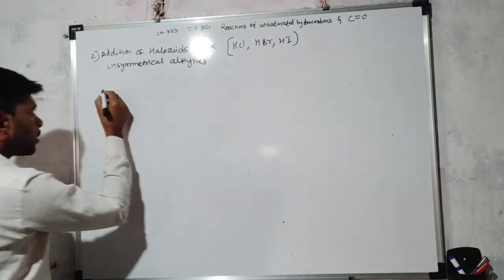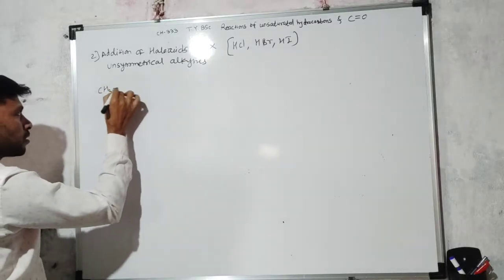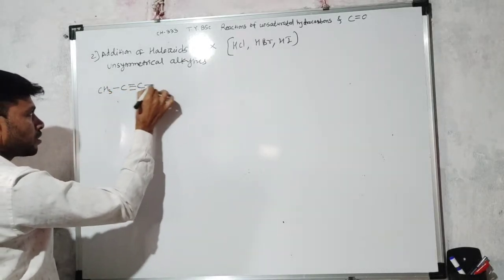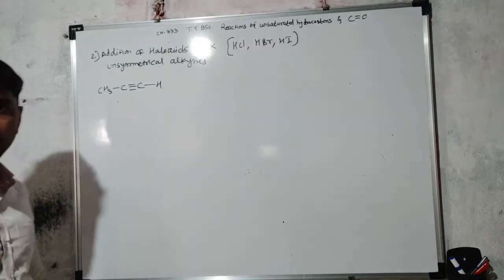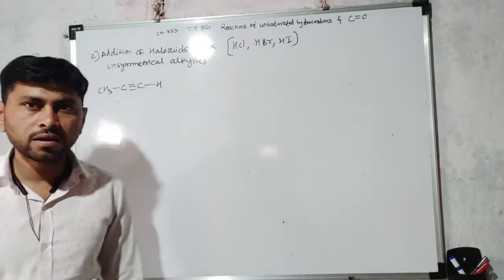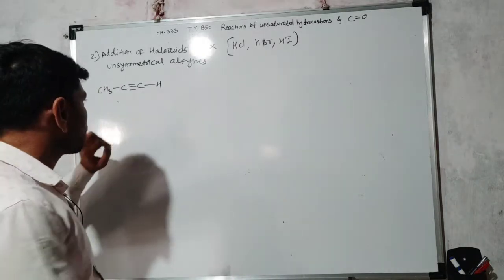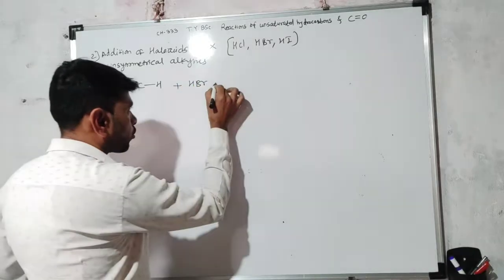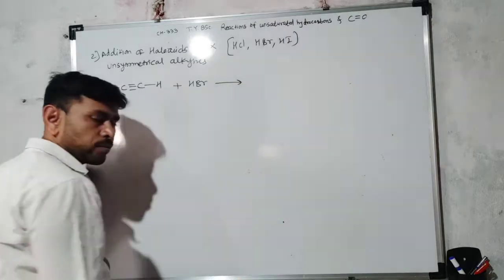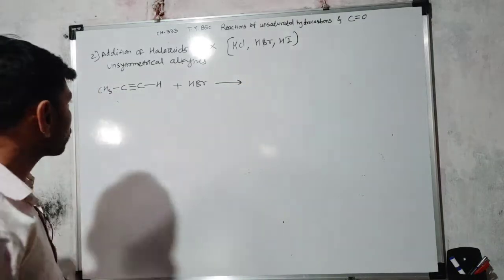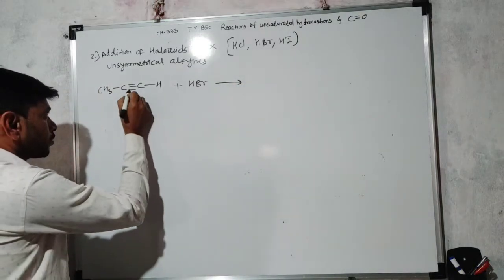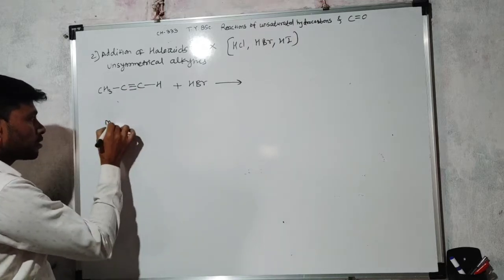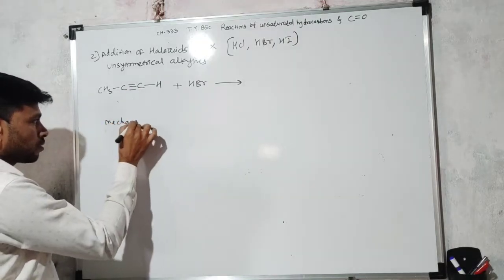I have taken an example here, CH3 C triple bond CH. This is an unsymmetrical alkyne, and on addition of HBr we obtain two products. Let's see the mechanism to find which two products are obtained.